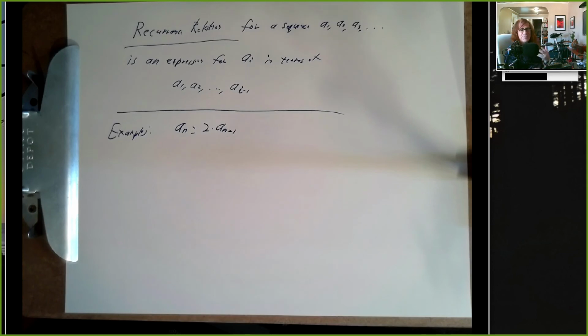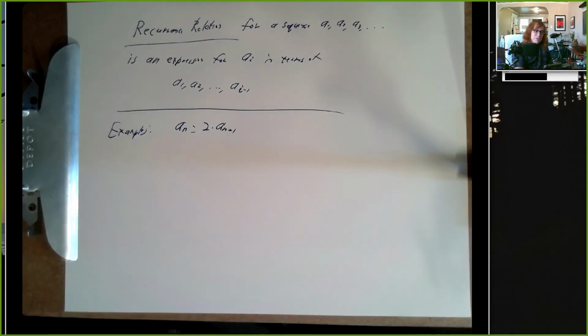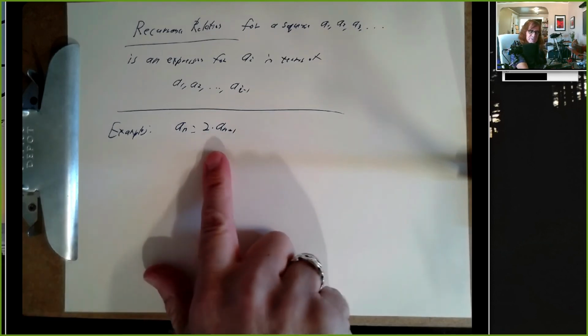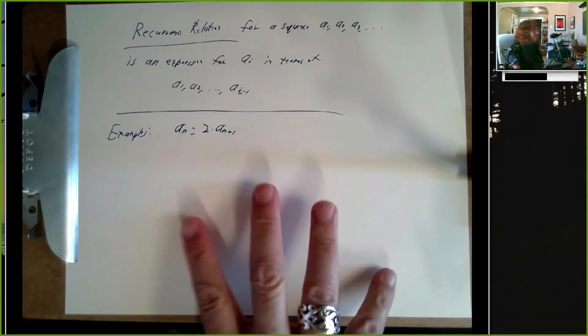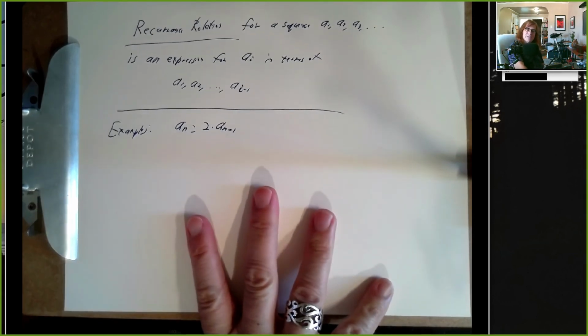We're going to come back to it a bunch of times in a lot of different forms. This is our first approach to it. We could define a sequence where the nth term is twice the (n minus 1)th term. And that almost tells us everything we need to know about the sequence, except we don't know what the first term is.